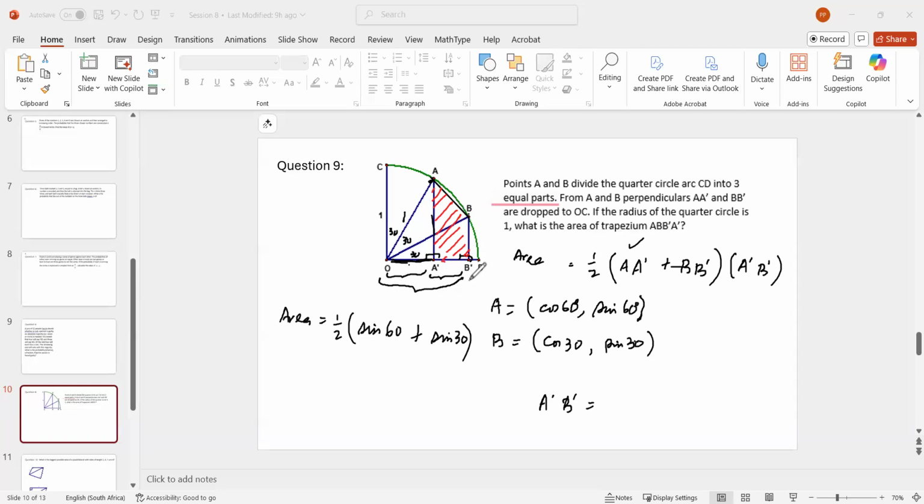So it's the x coordinate of B, which is cos 30, that minus this one. And this there is the x coordinate of A, as you can see. So it's minus, and the x coordinate of A is cos 60.